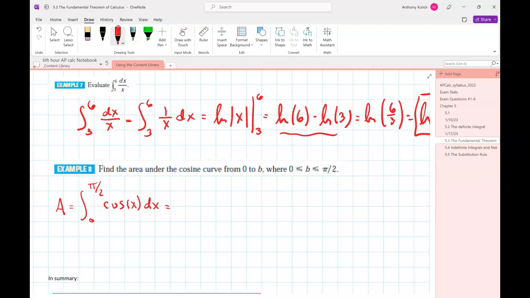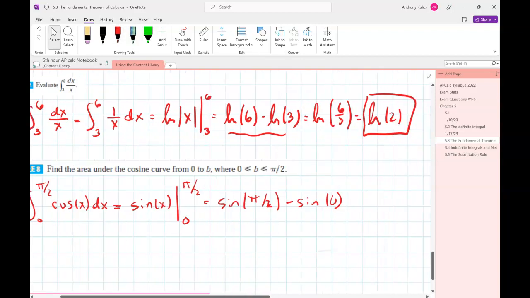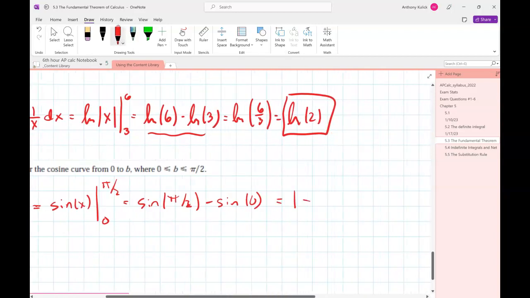What's the antiderivative of cosine? Sine. So that's going to be sine of pi over 2 minus sine of 0. What's sine of pi over 2? 1. What's sine of 0? 0. So that's just 1. This is nice. Right? How much easier does this make life?